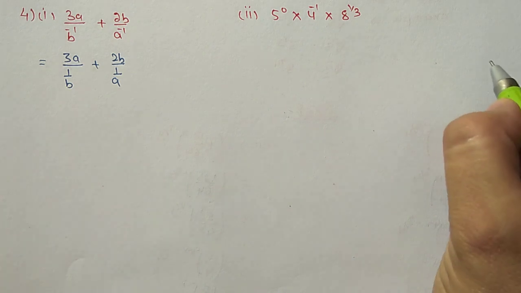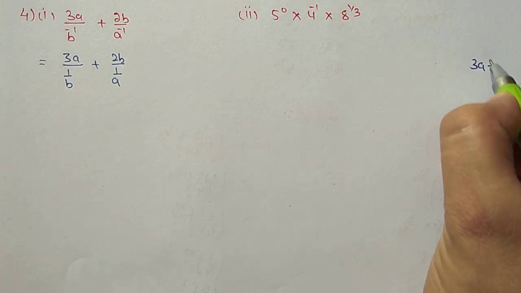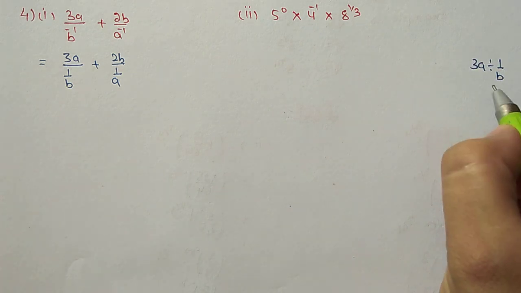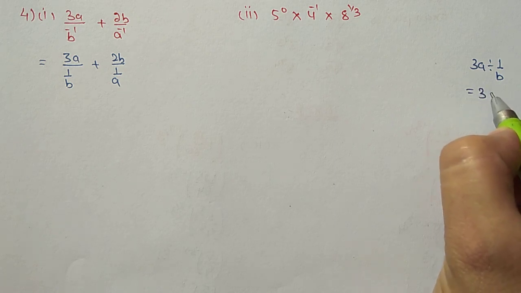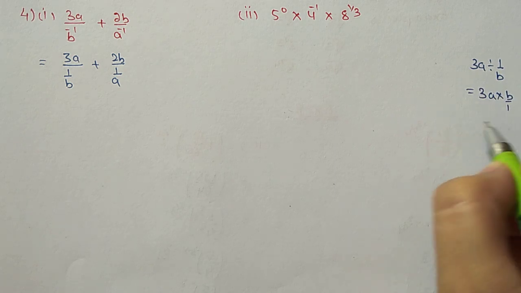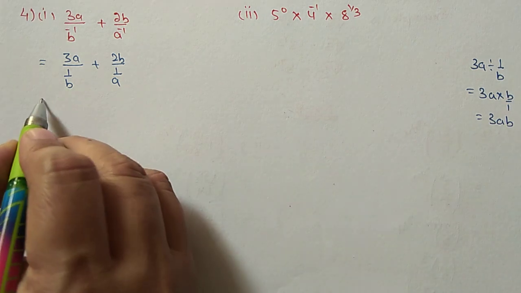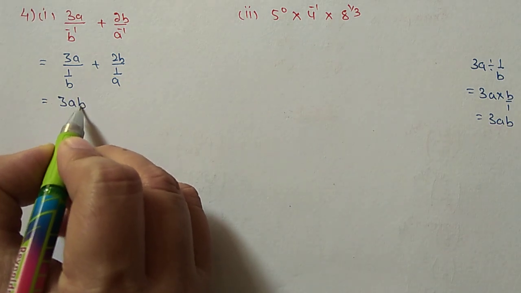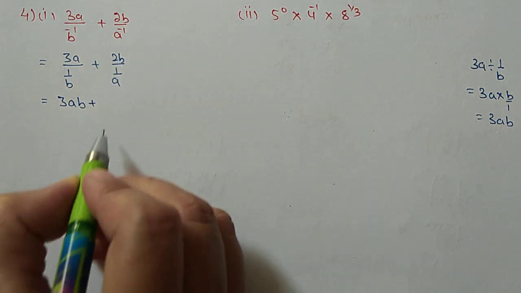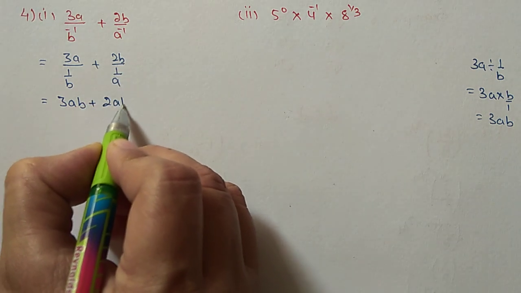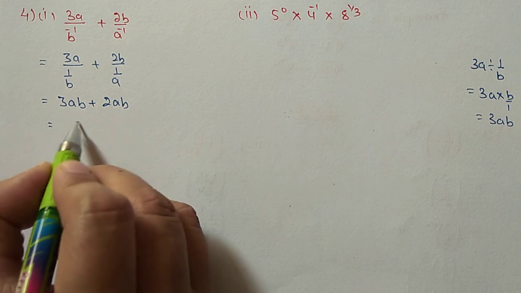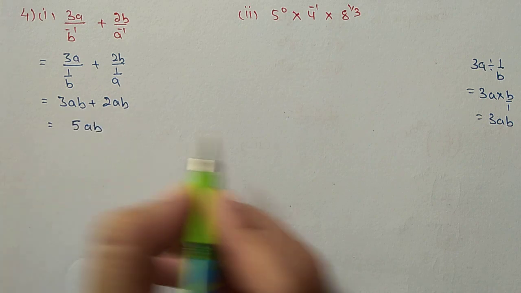You can understand it like this, 3a divided by 1 by b. When you change this division into multiplication, 3a into b by 1 means you will get 3ab. In the same way a also will go up, 2ab. 3ab plus 2ab we can write as 5ab.